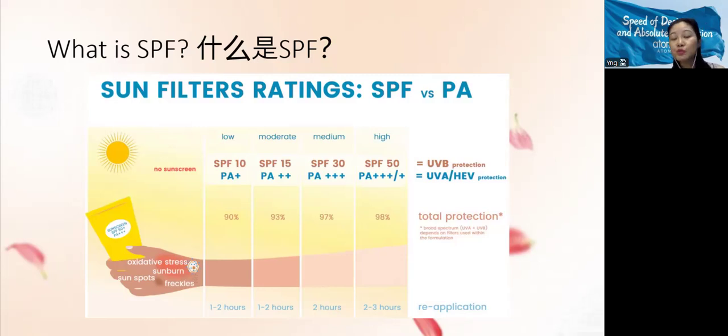And all the way up to the higher and more reliable SPF 50 with PA 3+ or 4+. It covers about 98% and it protects our skin for about 2 to 3 hours. And thus, for total protection, we do need to apply our sunscreen.